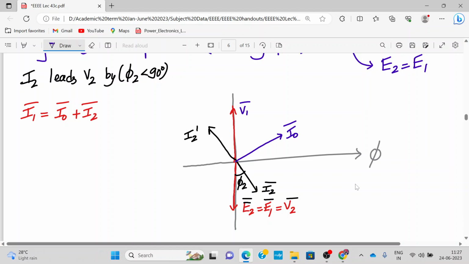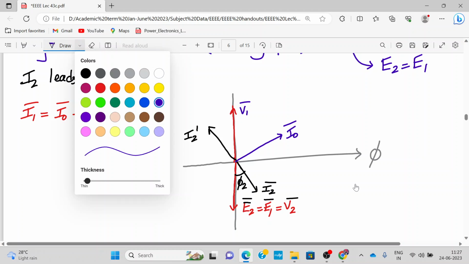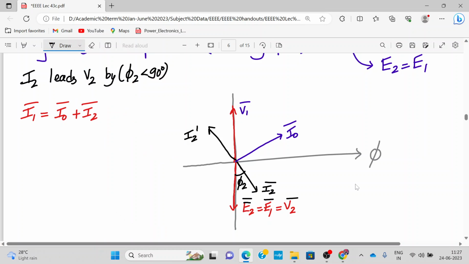This is V1 bar. I1 is the vector sum of I0 and I2 dash, and the vector sum will come somewhere around here. Let me redraw it over here.